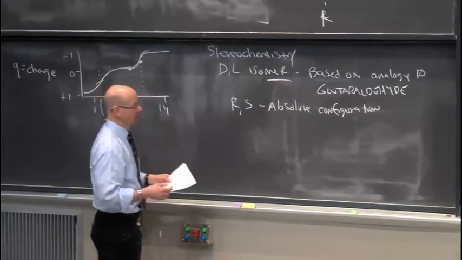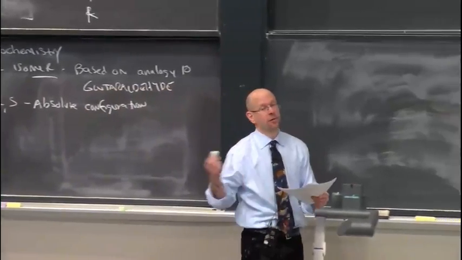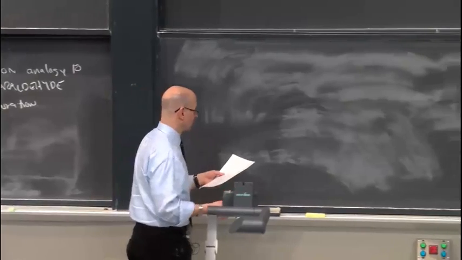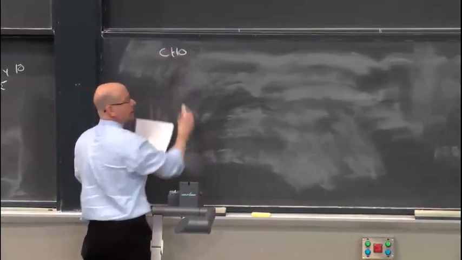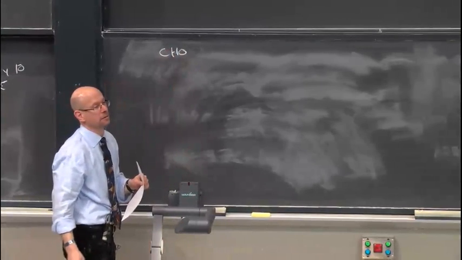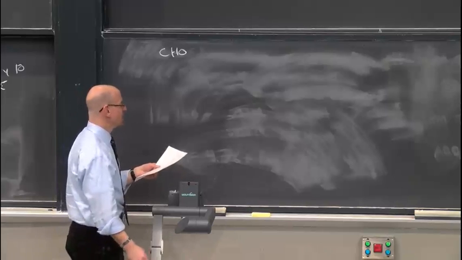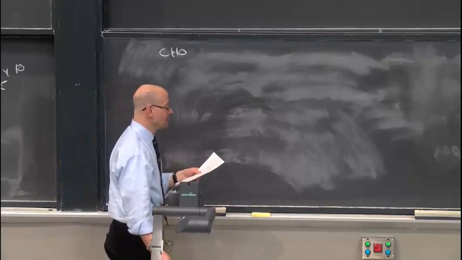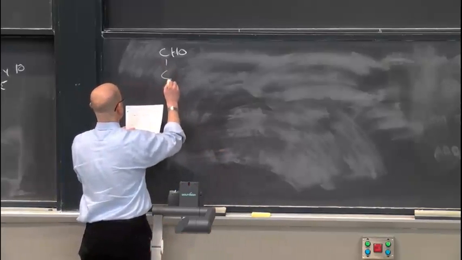The first definitions of stereochemistry of D and L had to do with enantiomers that were identified by none other than Louis Pasteur, I believe, dealing with glyceraldehyde. Yes? Is D and L similar to R and S? Yes and no. D and L is older nomenclature that then got revised to R and S. D and L nomenclature had to do with analogies based on glyceraldehyde that looked like this.